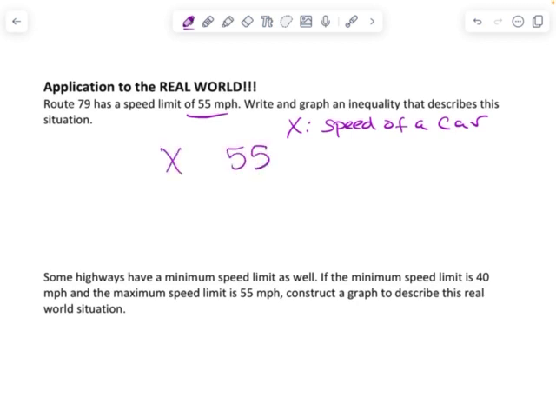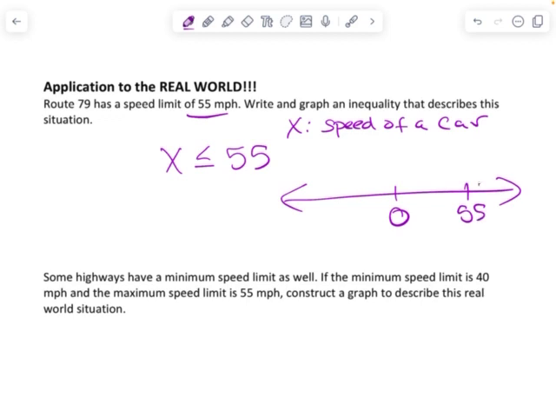If it has a speed limit of 55 miles an hour, we should stay at or under 55. So let's apply that to the inequality symbol. So x, again, the speed of your car, should be less than or equal to 55.